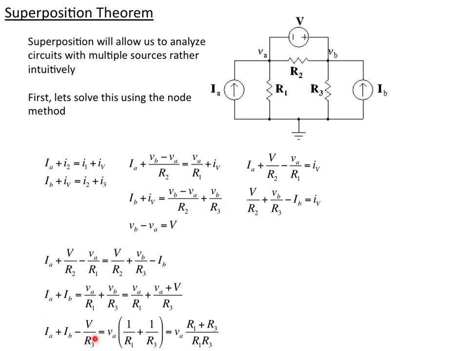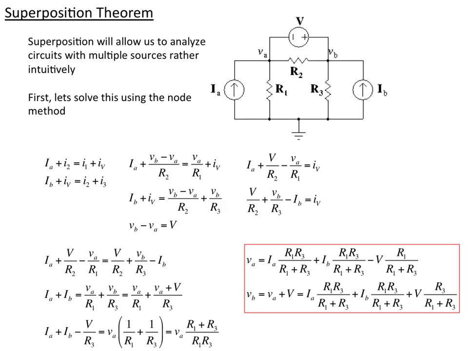So on the left-hand side, eventually I have only things that are determined in the system. And then on the right-hand side, I'm left with just voltages, and the only thing I'm left with is VA in this case. And so then I can solve for VA by dividing out that piece, and I get this equation.